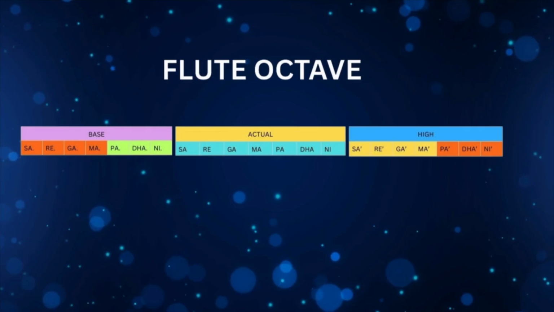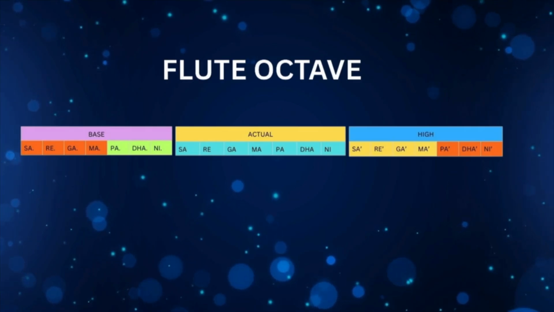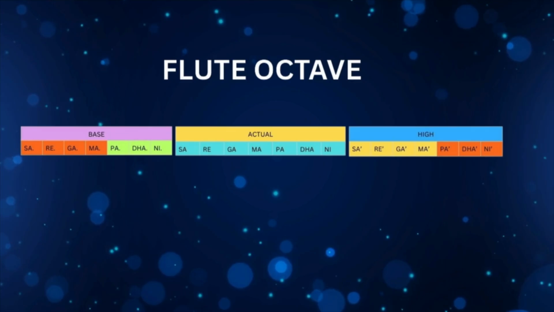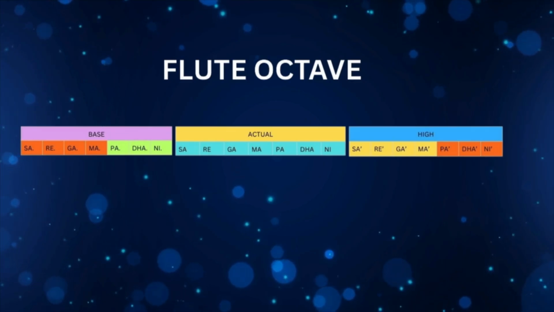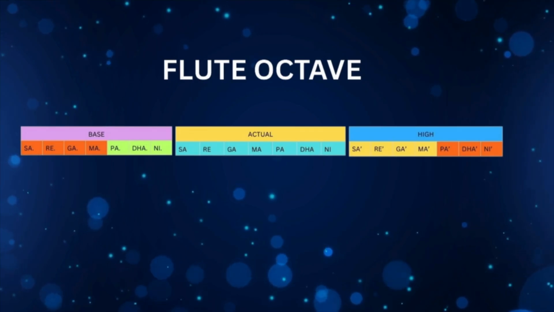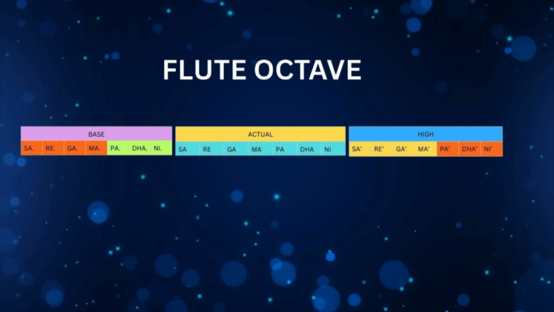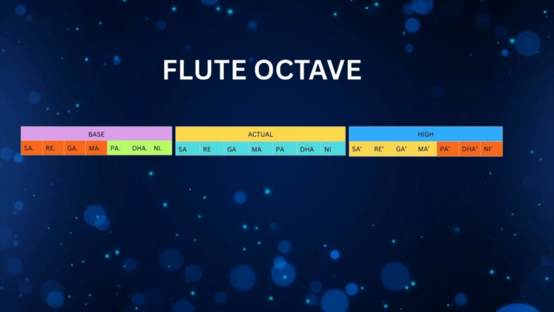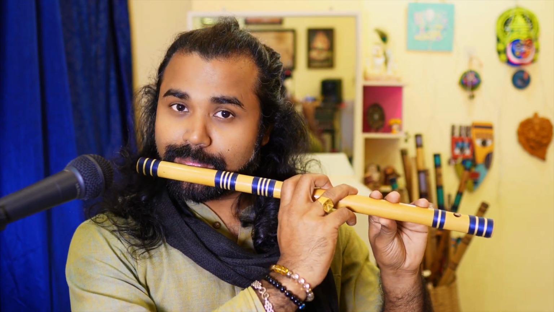When I am singing sa re ga ma pa dha ni, this is the actual swara, but from sa to upper sa the pitch is increasing, not decreasing. When it is decreasing, it is bass, which means the previous octave. So sa re ga ma pa dha ni sa, this is one octave.